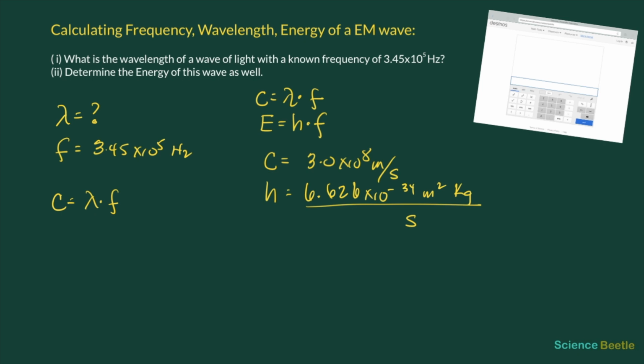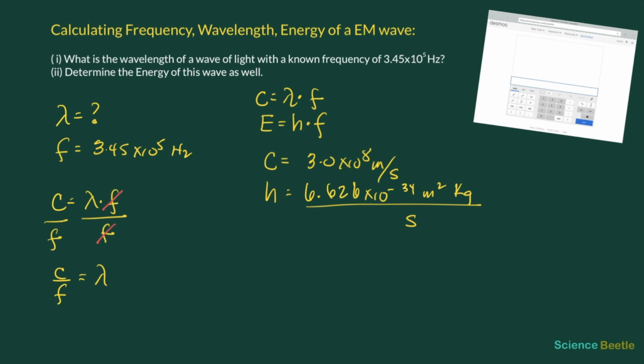Now we want to isolate the wavelength, so we've got to get this frequency out of the right side and move it over to the left. The way we do that is do the opposite operation. Since the frequency is being multiplied by the wavelength, we divide by frequency on both sides. When we do this, we're able to cancel the unit on the right-hand side, and we're left with the equation that we want. That'll be c divided by f is equal to the wavelength.